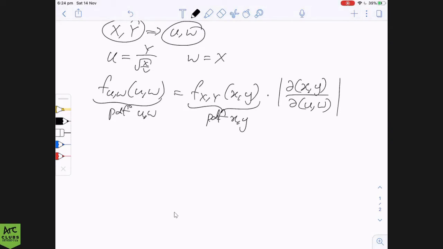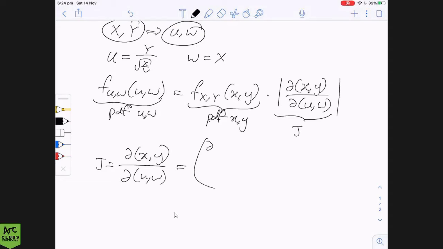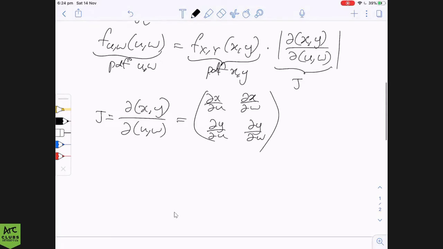If you remember correctly, the Jacobian is a matrix. In this case, using X and Y over U and W, it's a matrix with dx/du on the far left, dx/dw on the next, and then dy/du, dy/dw.